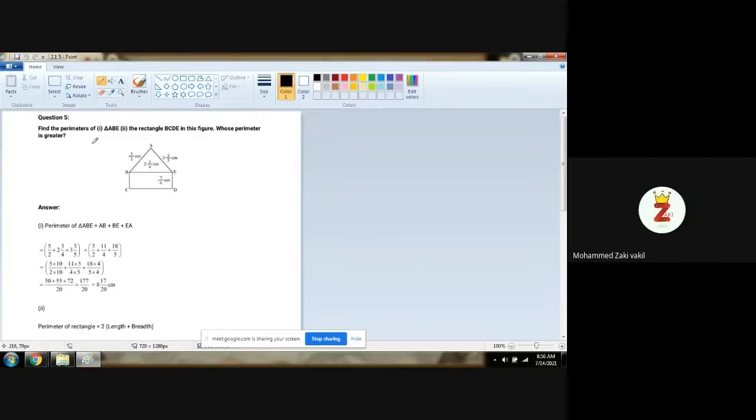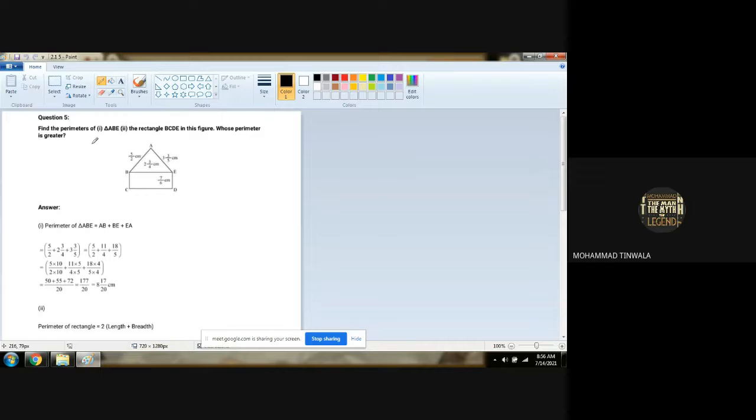Find the perimeter of number 1, triangle ABE, and number 2, the rectangle BCDE. In this figure, whose perimeter is greater? Now, who will tell me what we have to do in this?